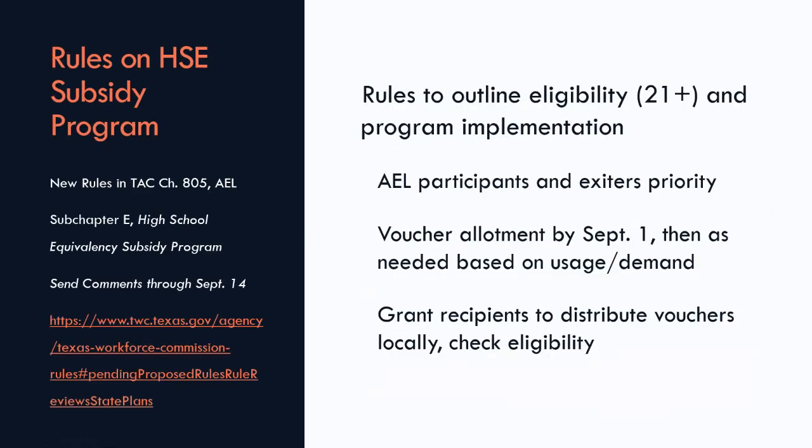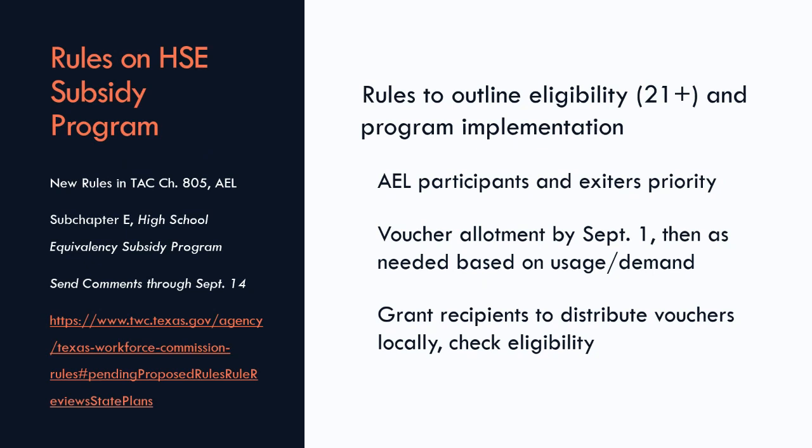As I mentioned before, the legislation requires us, TWC, to implement rules. So as we just went over, the eligibility is 21 years of age or older, and we need to implement rules that further outline that and how we intend to implement this process. So for us as an agency, we have been going through this rules development process.